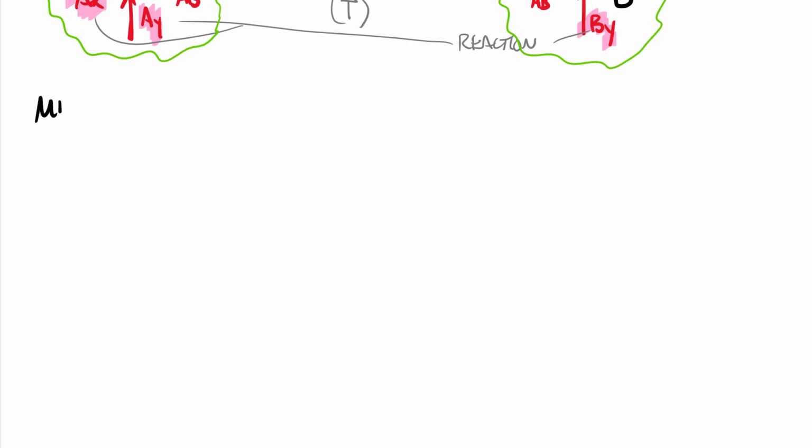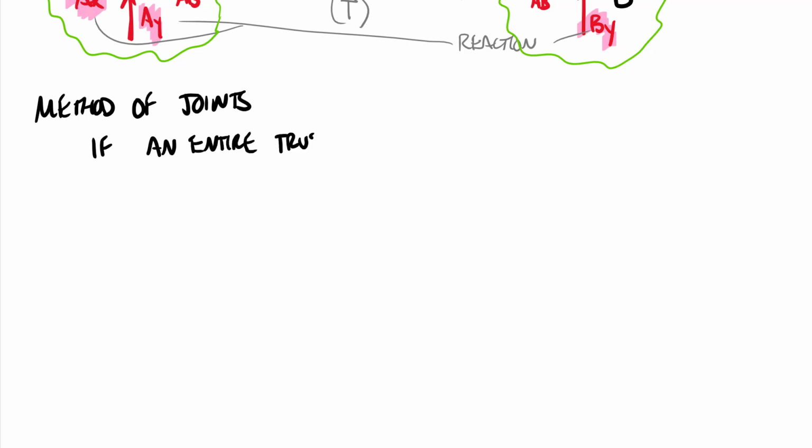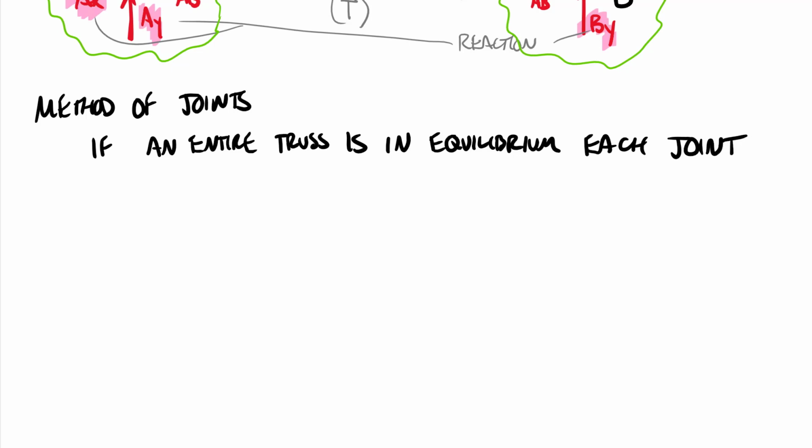Again, the method of joints assumes that if an entire truss is in equilibrium, each joint, member, and section will be as well.